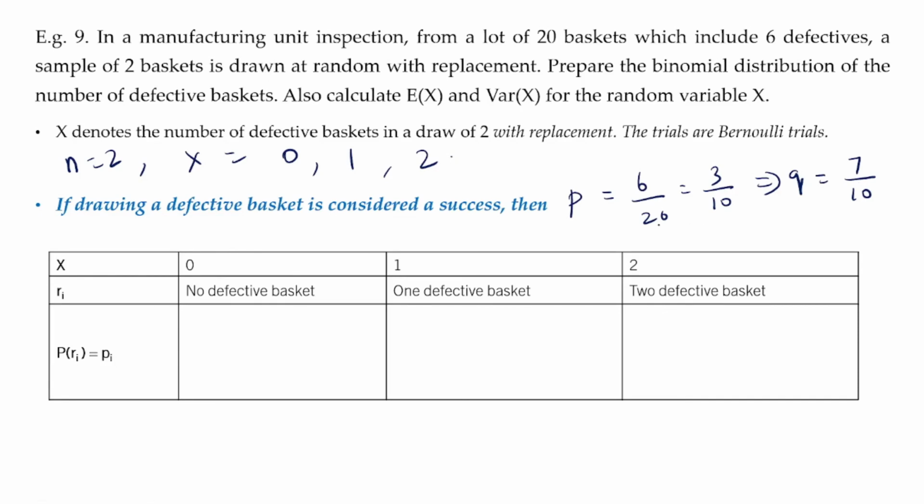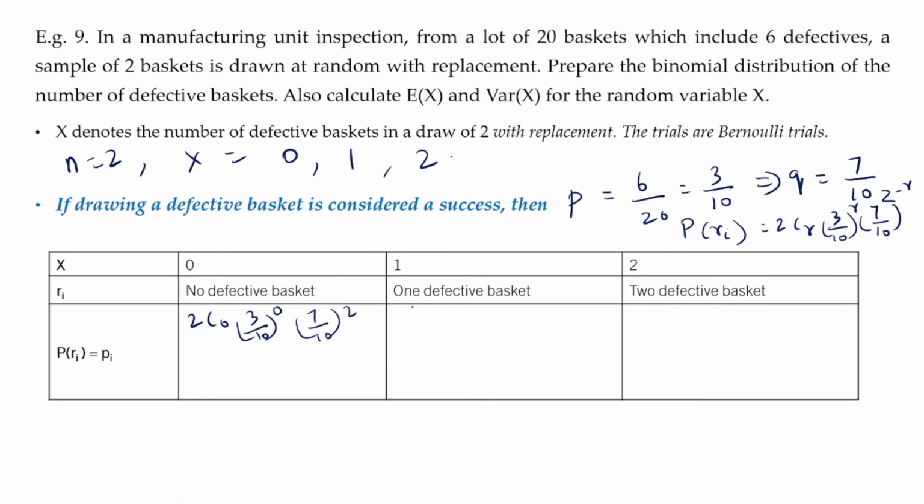So we know the probability of r successes is nCr, 3 by 10 the whole raised to r, 7 by 10 the whole raised to n minus r. Now we will find the values. For x equal to 0, that is for no defective basket, the associated probability is 2C0, 3 by 10 the whole raised to 0, 7 by 10 the whole raised to 2 minus 0, which is 2.